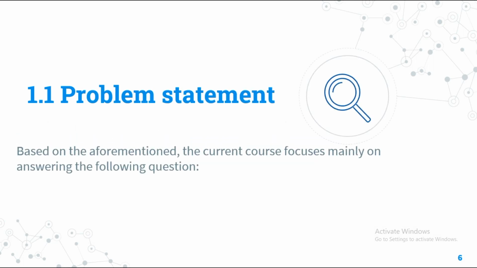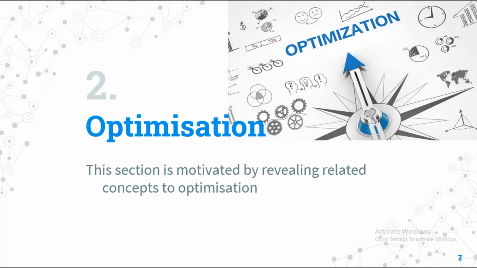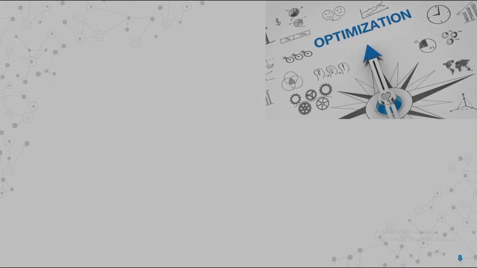Based on the aforementioned, the current course focuses mainly on answering the following question: what is optimization and how can we model an economic phenomena? Let's start by optimization. In this section, we will have a definition of optimization followed by other concepts.